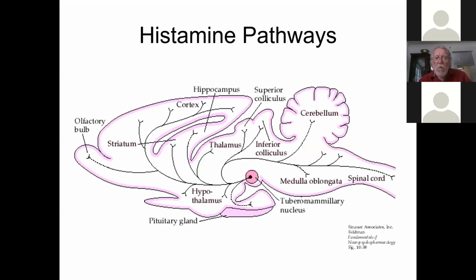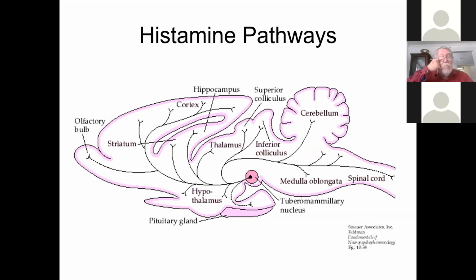So now we go into other classic transmitters. One was, of course, the histamine pathway. And what you basically see with the histamine pathway is one very large nucleus that contains histamine, and that basically projects to all the different areas of the brain.